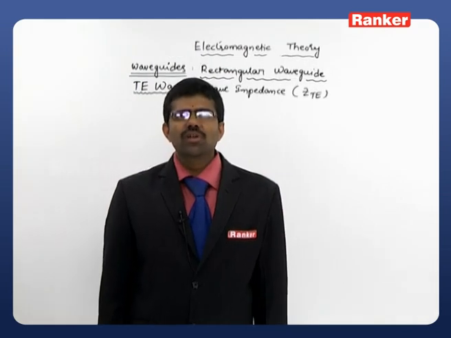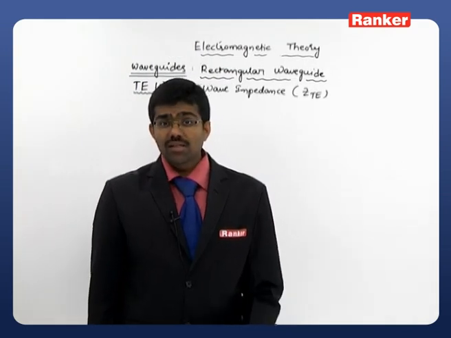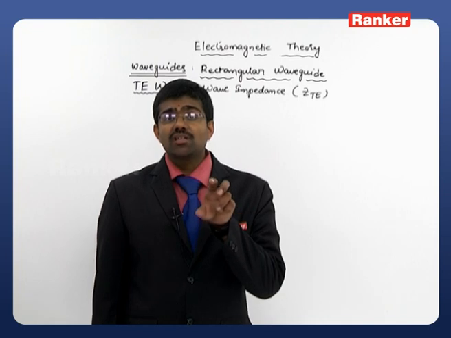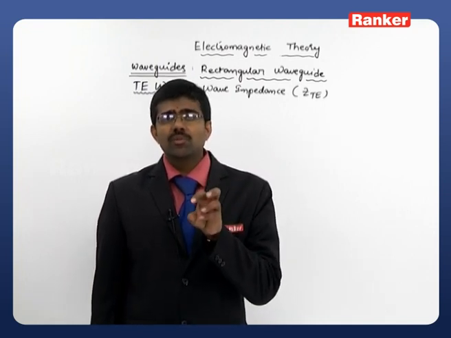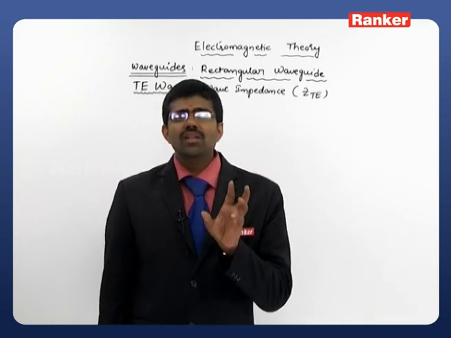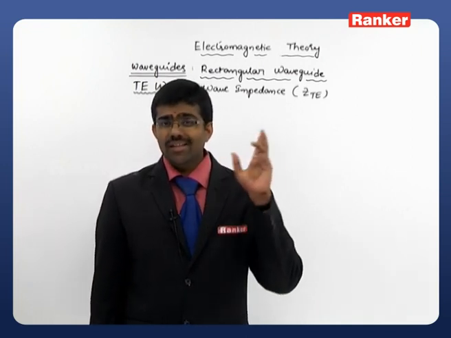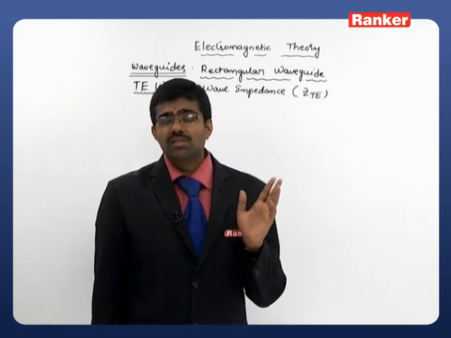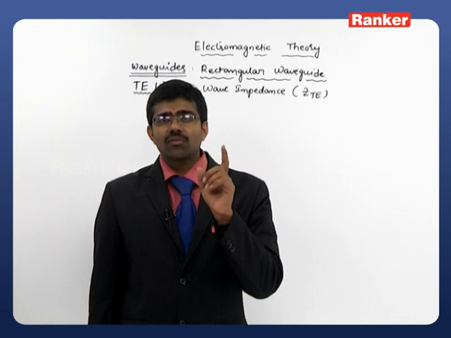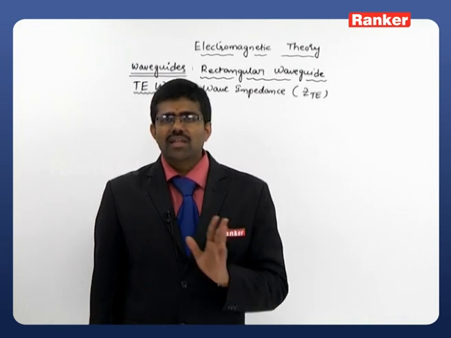Now we will discuss the wave impedance of our TE wave. As I said, the wave impedance is purely dependent upon the type of wave. It's not depending on the medium. So for TE wave, what is the wave impedance? As I recollect, the characteristic impedance, or the impedance in our wave propagation also, is purely the ratio of the electric field to the magnetic field.